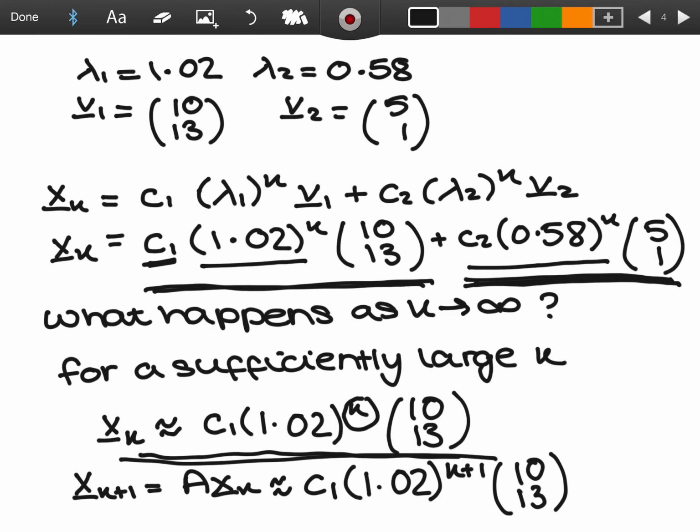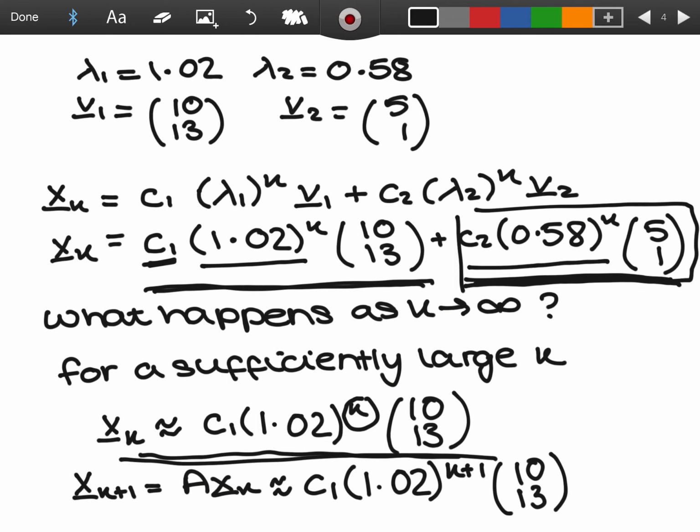As long as it's diagonalizable and you can write it in terms of its eigenvalues and eigenvectors, if you end up with a system where you have an eigenvalue with magnitude greater than 1, but all other eigenvalues have magnitude less than 1, then all of those other terms will go to 0 as k goes to infinity.